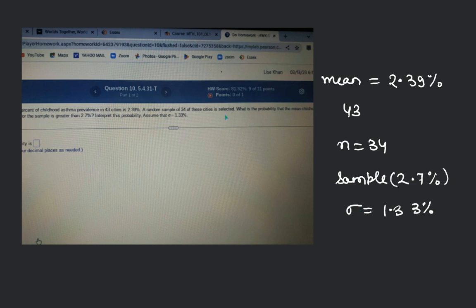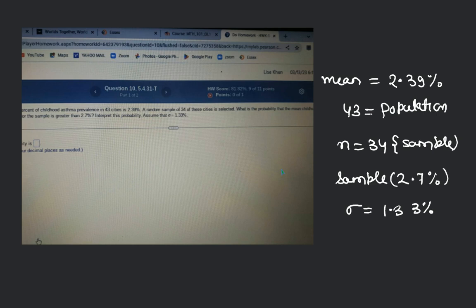Got it. So what information do we have? This is the population data, and this is the sample data, n.